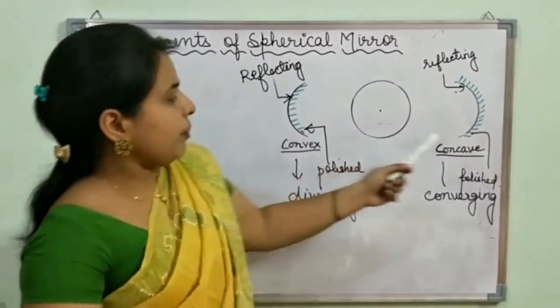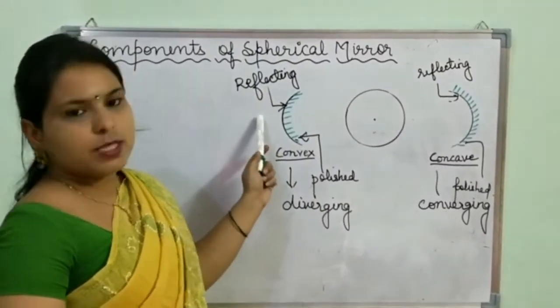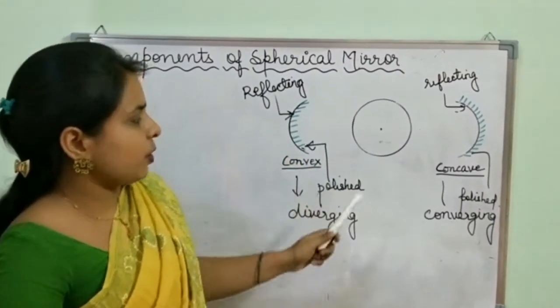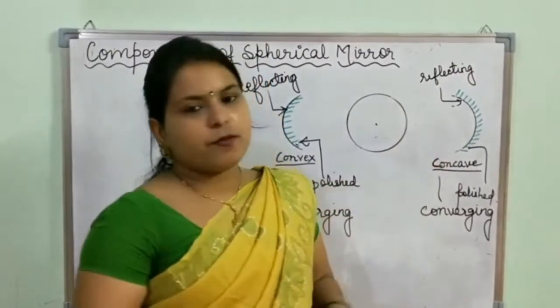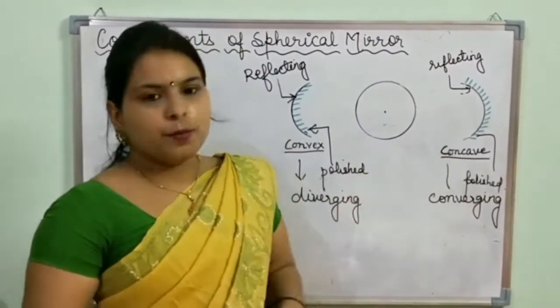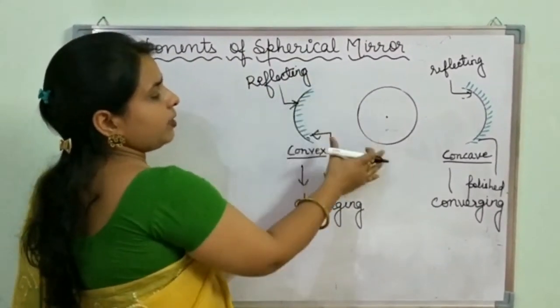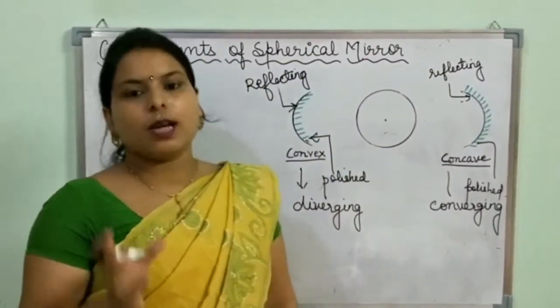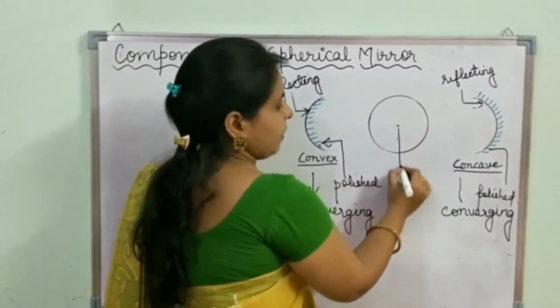In a convex mirror, the outer surface is the reflecting one and the inner one is polished, whereas concave mirrors are those where the inner surface is the reflecting one and the outer one is polished. Now children, I have told you that spherical mirrors are formed from a hollow glass sphere. So obviously a glass sphere will have a center.